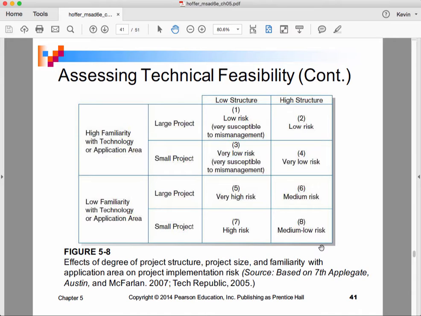We either have high familiarity or low familiarity with the technology of the application area, and then when you walk over to the right side, depending upon if you have a lot of structure or very little, you can figure out where your risk is. Now, I think these are kind of interesting thoughts. Are these absolute truths? Well, probably not, but it's an interesting way of thinking.